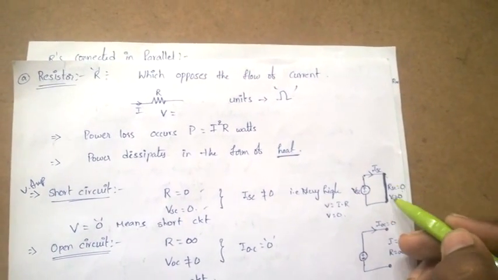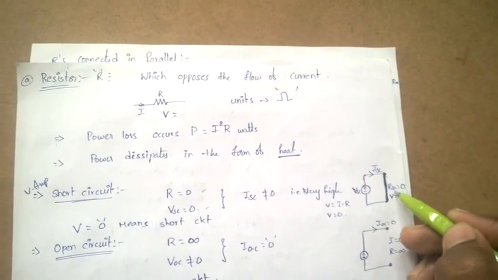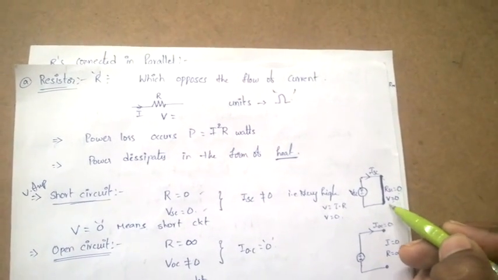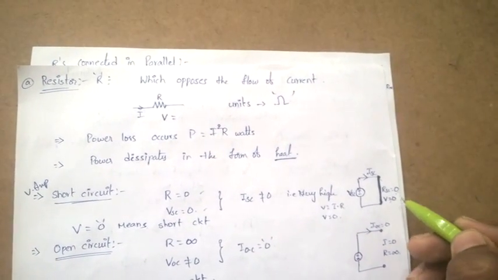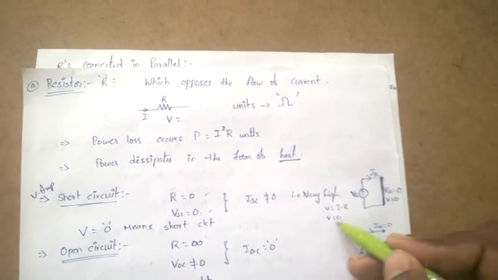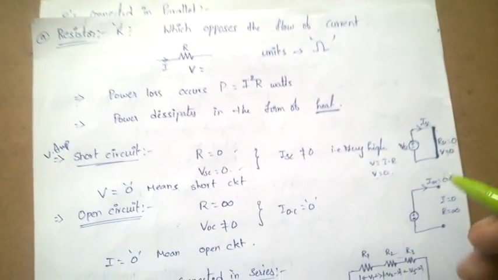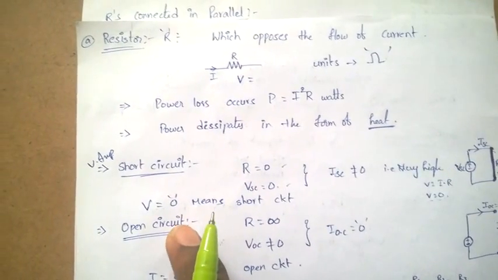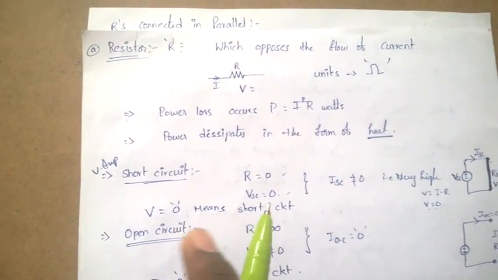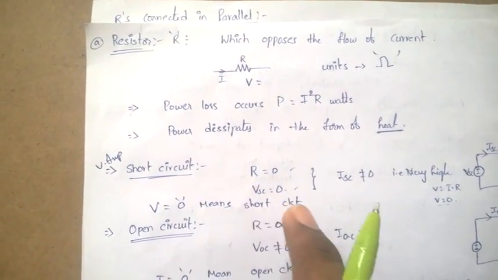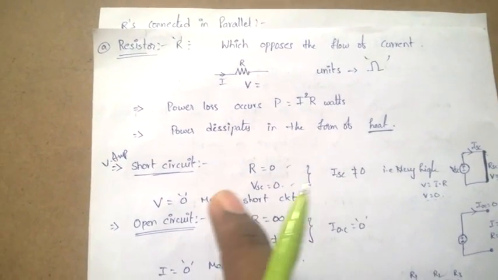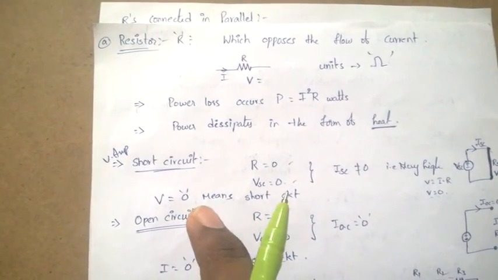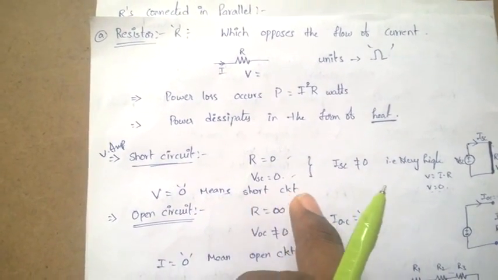If the resistance is 0, the voltage drop is also 0, because V equal to I into R. If R is 0, V equal to 0. So for short circuit, voltage equal to 0. If the voltage equal to 0, then it is called a short circuit.